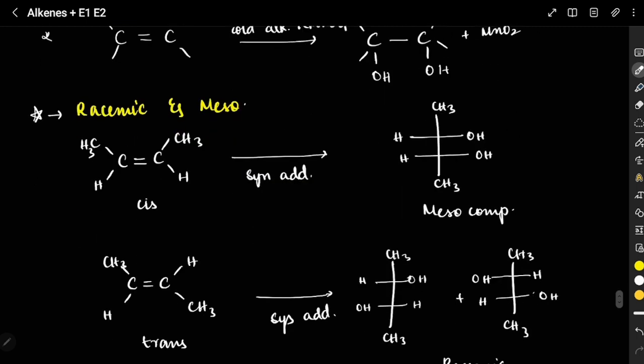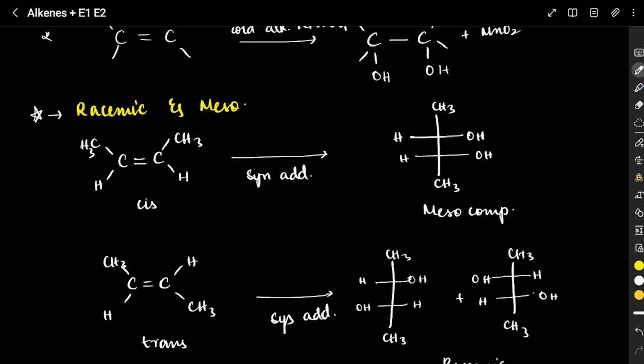Now let's see this racemic and meso confusion. Many questions are based on racemic and meso compounds. We have seen in stereochemistry that there are two different kinds: racemic mixtures and meso compounds. A racemic mixture is a mixture of two different optically active compounds.